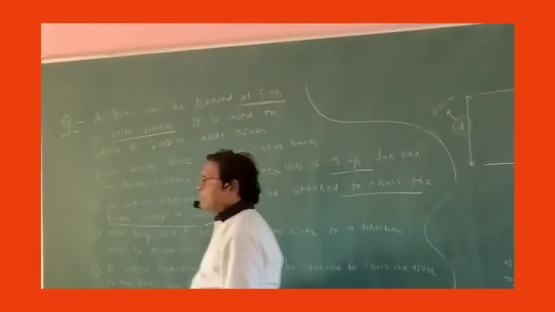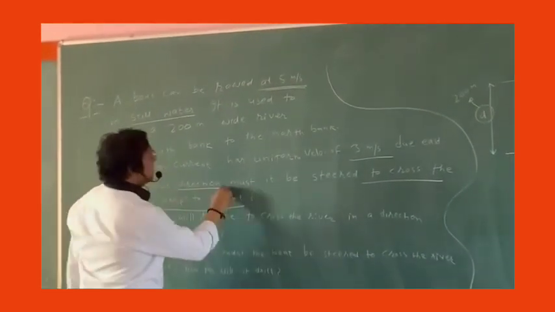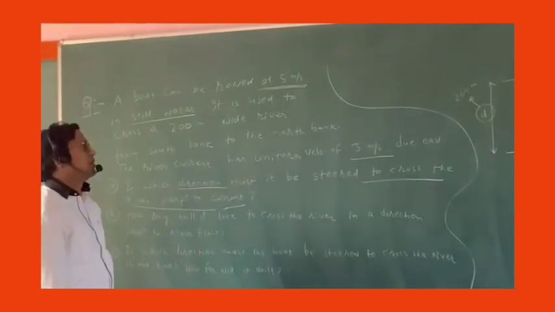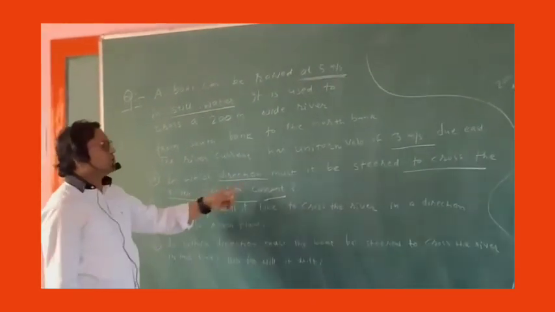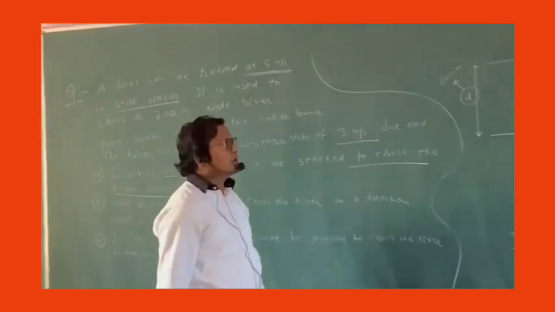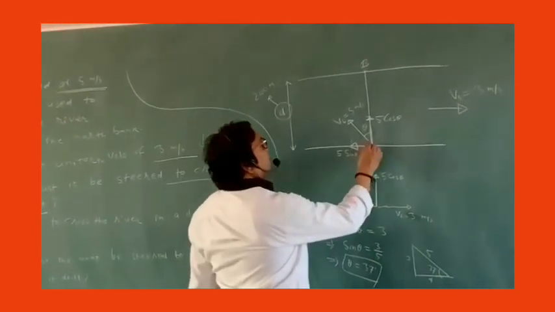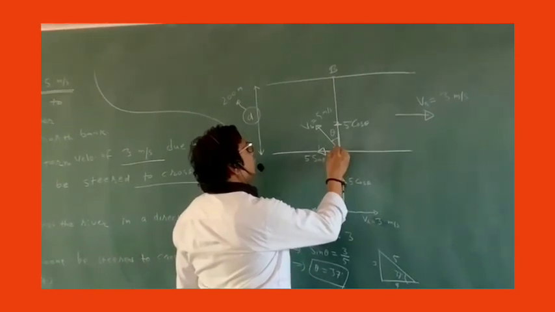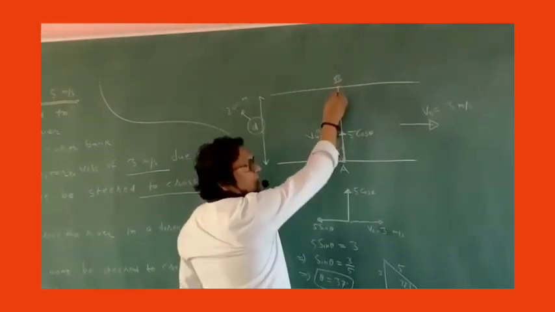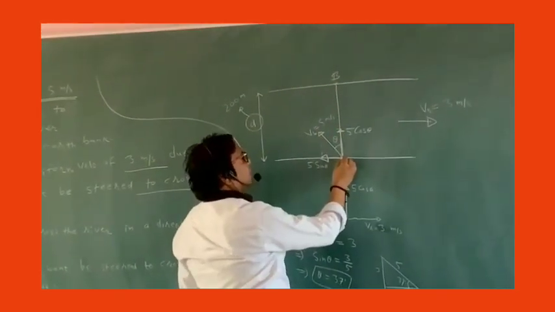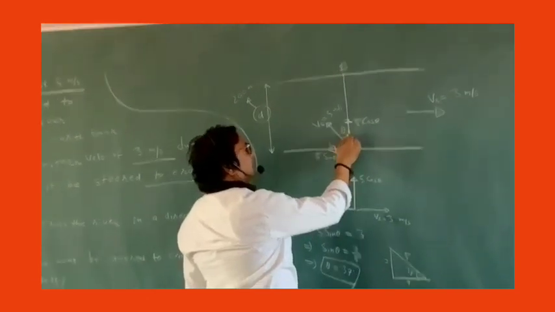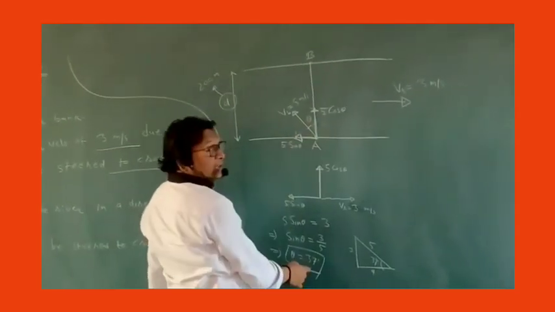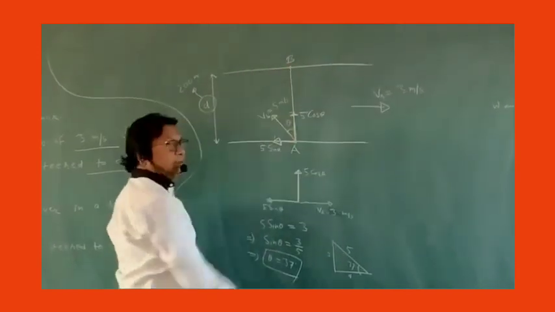In the first part they are asking in which direction must it be steered to cross the river perpendicular to the current. So if you want the boat to go along AB, then you need to steer the boat making an angle of 37 degrees with line AB.